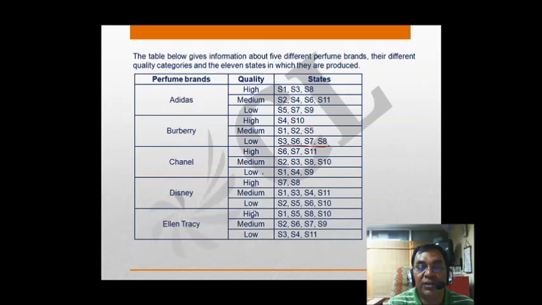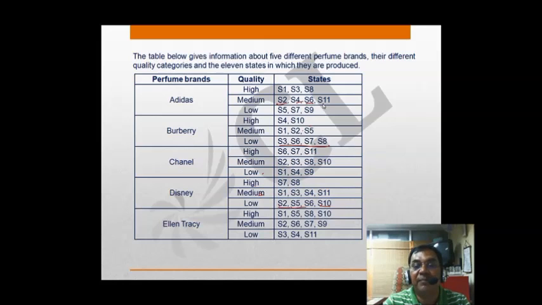Then Disney: S2, S5, S6 is already there, S10 is also there. So medium quality Adidas or Allen Solly. See, in medium, S2 is there. Yes, it is there. Done. S4 is there? Not there. S6, yes, S6 is there.